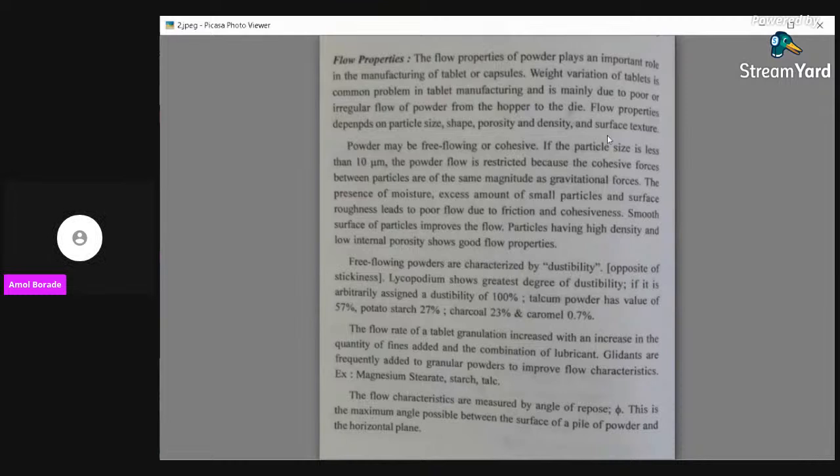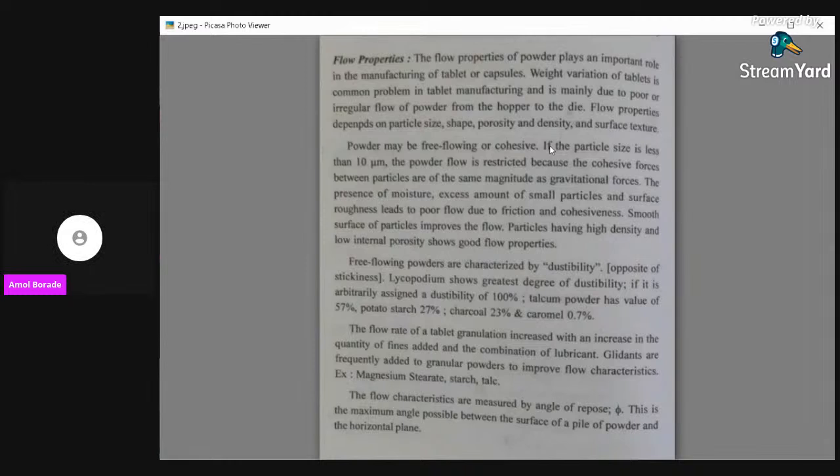We are concentrating on flow properties only. I am giving multiple dimensions to see the flow properties. Now, powder may be free flowing or cohesive. These are the two extremities you can see for powder. These are powders or granules taken for the manufacturing of tablets or capsules. In capsules, although we are not compressing, we are filling.